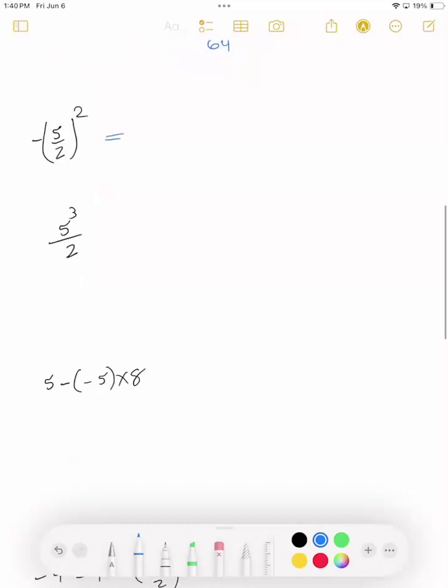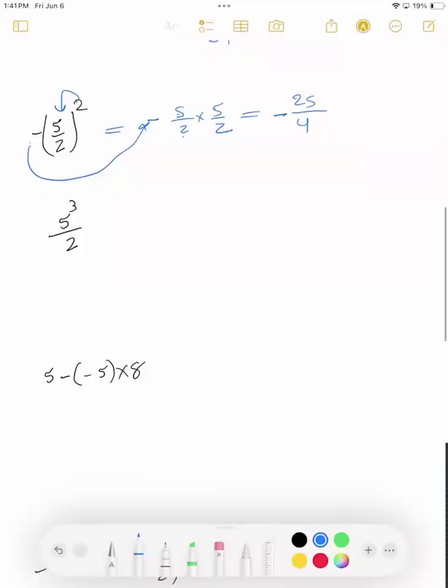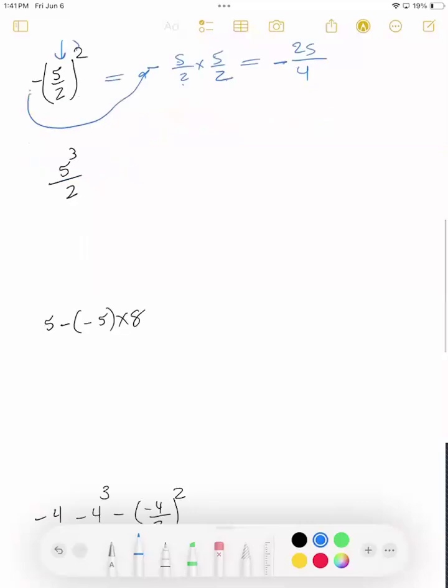In this problem, the negative is outside, so you multiply 5/2 by 5/2, then you carry that negative. 5 times 5 is 25, 2 times 2 is 4, you put the negative. What about this problem? Here you have 5 being raised to the power 3, not 2.